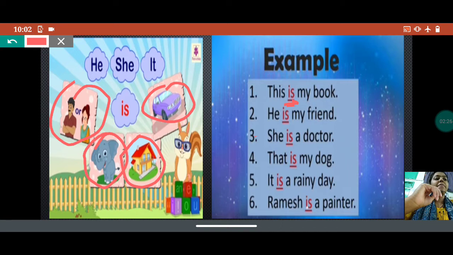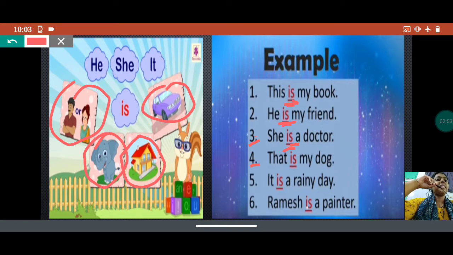Number 2, he is my friend. I have already taught that he is used for a singular male person. So whenever a singular person, place, animal or thing will come, we will always use is. Number 3, she is a doctor. Is is used for a singular female person.